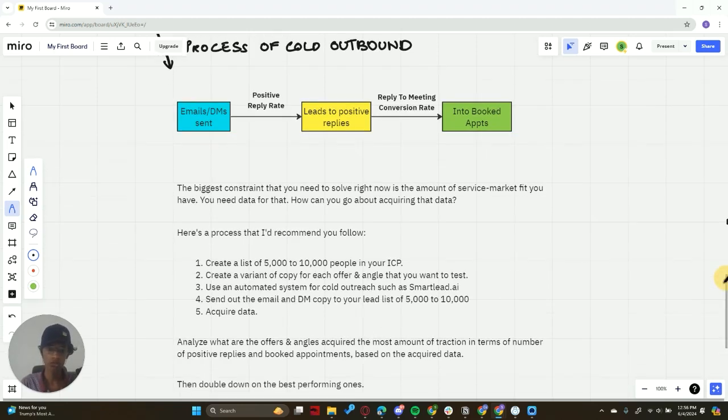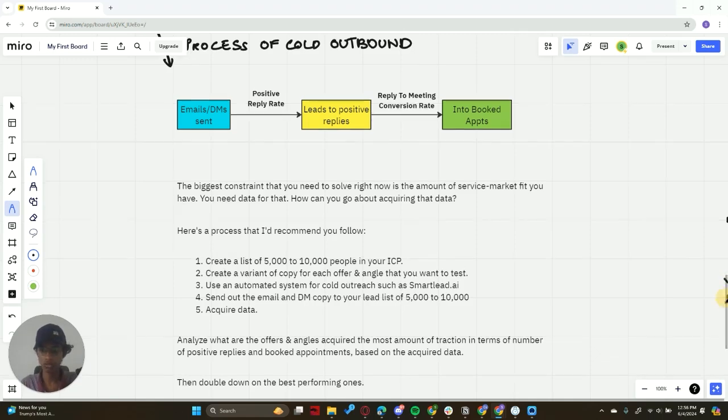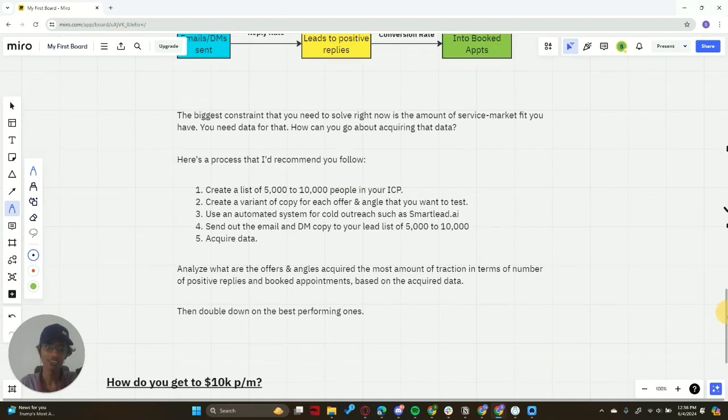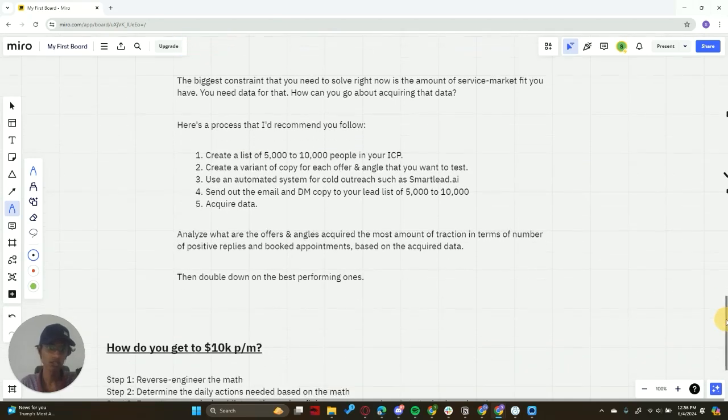And you need to double down on the best performing ones. Take the best performing ones and ramp up the volume on that. That will allow you to acquire success, right? In terms of your campaigns.